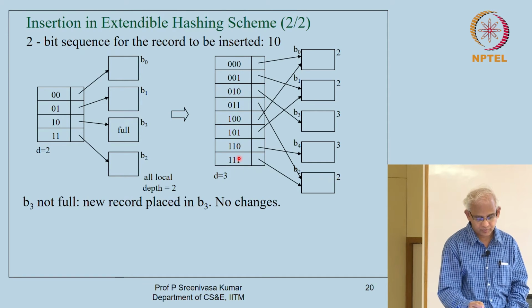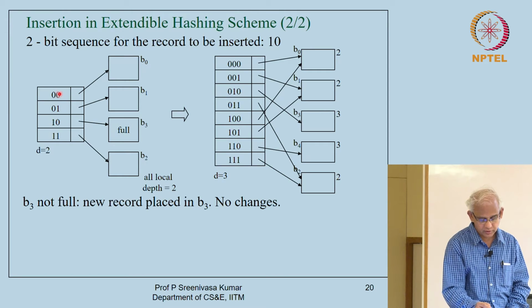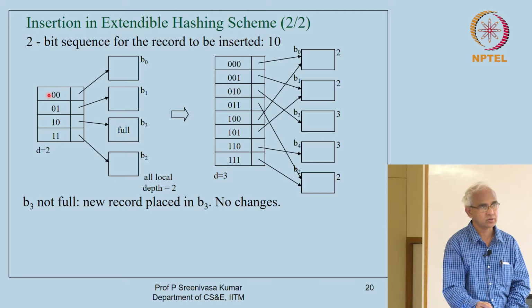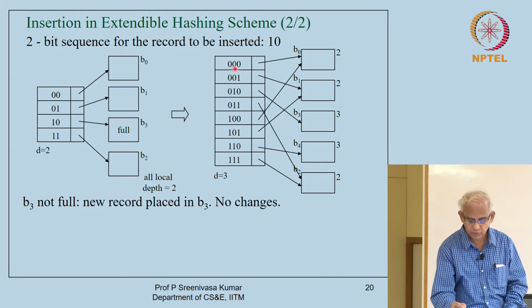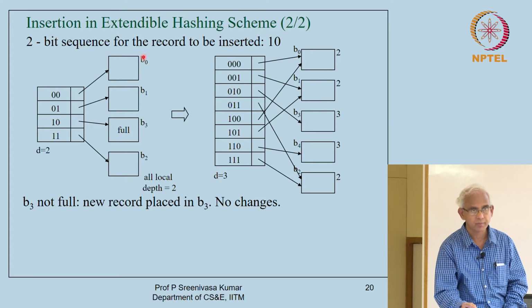Now you can see that there will be 2 3-bit sequences that have 0 0 as the trailing sequence, 1 0 0 and 0 0 0. If you focus on 0 0 0 and 1 0 0, they will both now point to the same bucket B0.